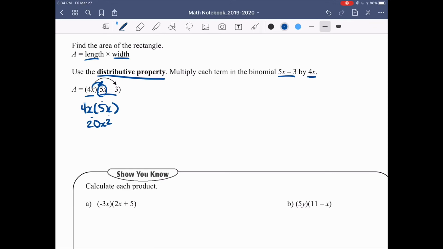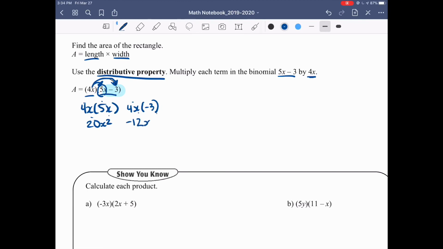And then we're going to do 4x times the negative 3. So you have to remember to include the sign with the term, which is what we've been doing since chapter 5. So then we have 4x times negative 3. 4 times negative 3 is negative 12.